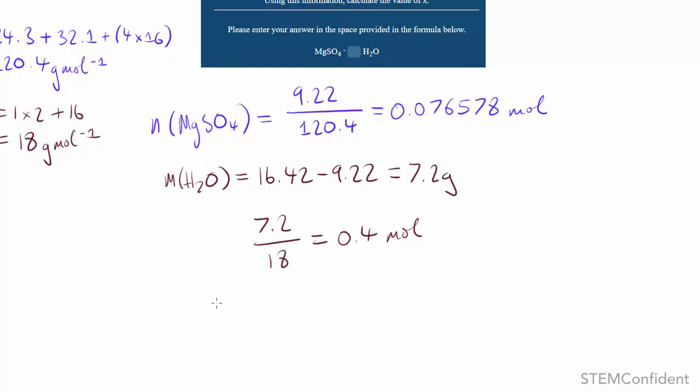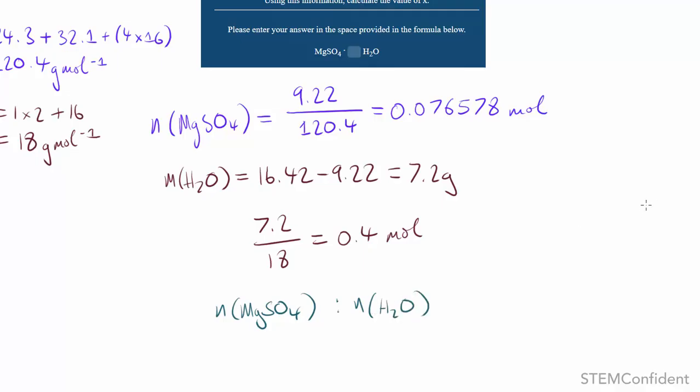So if I make a ratio, what I can say is the number of moles of MgSO₄ as a ratio, when we compare it to the number of moles of H2O, right?